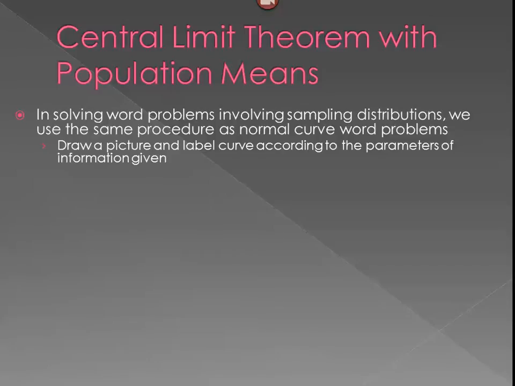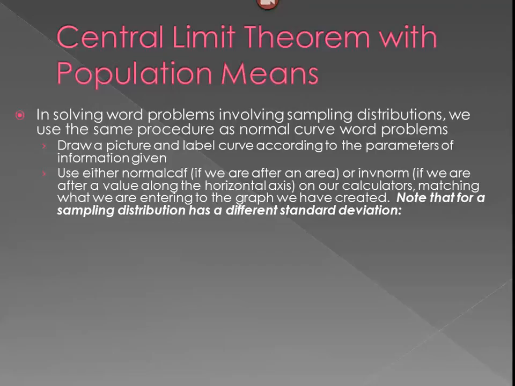First, we're going to draw a picture and label the curve according to the parameters that we're given. And then we're either going to use normal CDF or invert norm. We're going to use normal CDF if we're after a probability or an area. And we're going to use invert norm if we're after a value along the horizontal axis, our calculators matching what we are entering to the graph we've created.